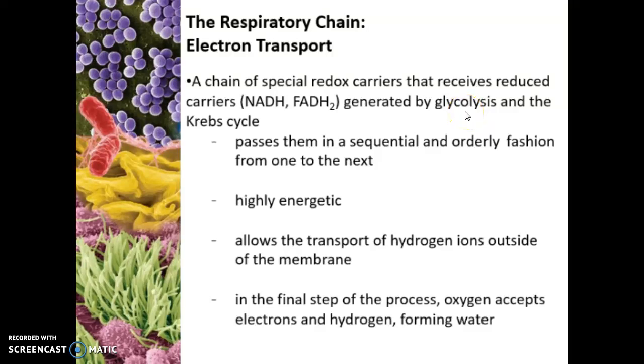What happens is that this series of reactions takes place from one protein to the next, and the electrons get passed sequentially and orderly from one protein to the next.